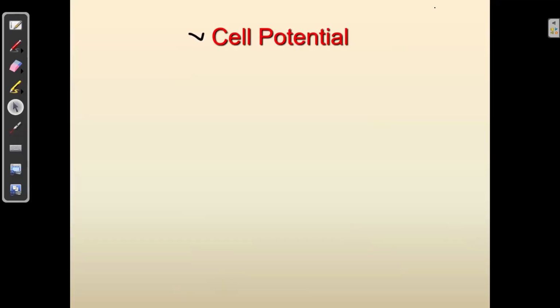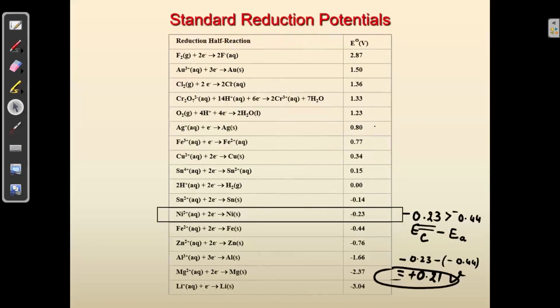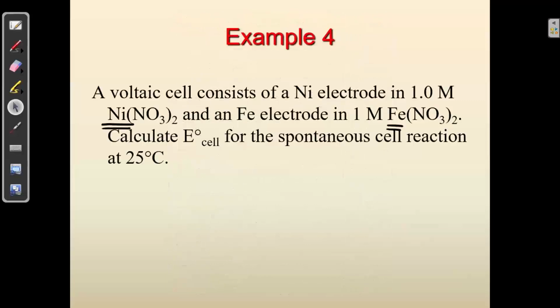Now, if I change the concentration, say in this question we have 1 molar, and instead suppose I take 0.01 molar, will it affect the E naught cell? The answer is yes. How does it change? For that, we have to learn the Nernst equation.